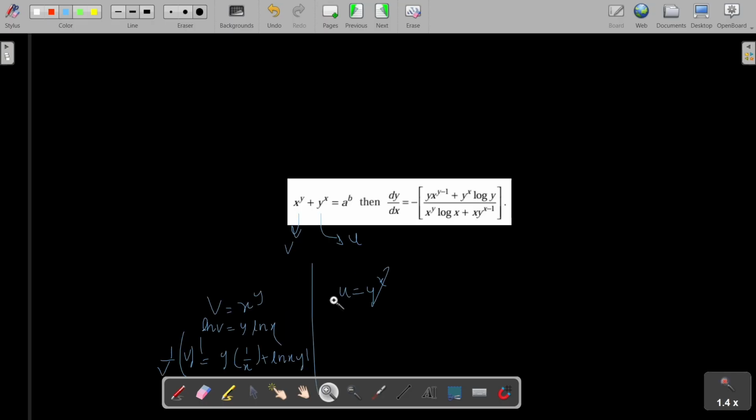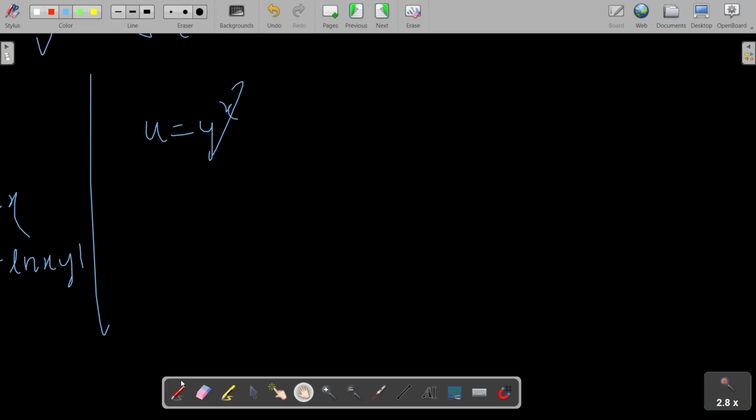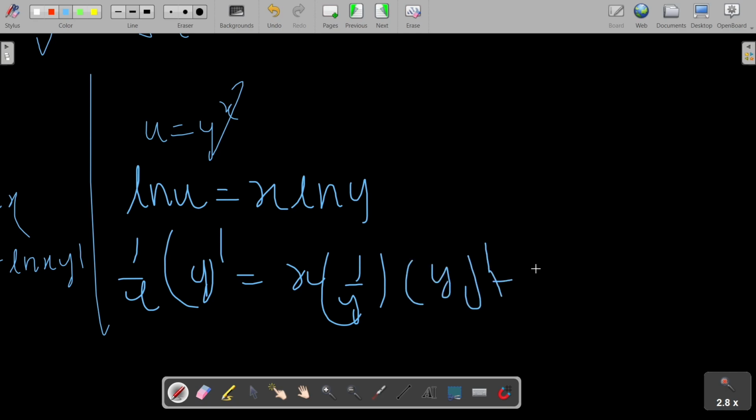I used product rule right here, and this is chain rule. Okay, and this becomes, let's solve this thing right here, and this becomes x ln y, and let's differentiate. This is 1 over u times u prime. This is ln y times, sorry, x times 1 over y into y prime. Y prime is dy by dx, and this is ln y times x prime, which is 1.